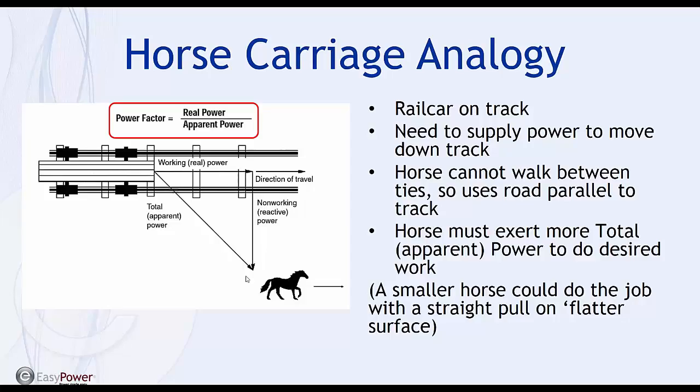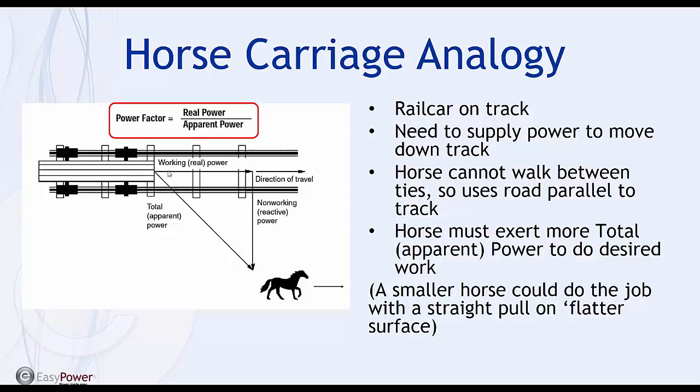So the connection of the horse to the rail car will be at this angle. As the horse moves forward, he's moving the rail car, but he's having to apply a force that's not in line with the direction of movement. This vertical force is representative of the reactive power, which is inefficient. The real power is the one that's in line with the direction of the rail car.